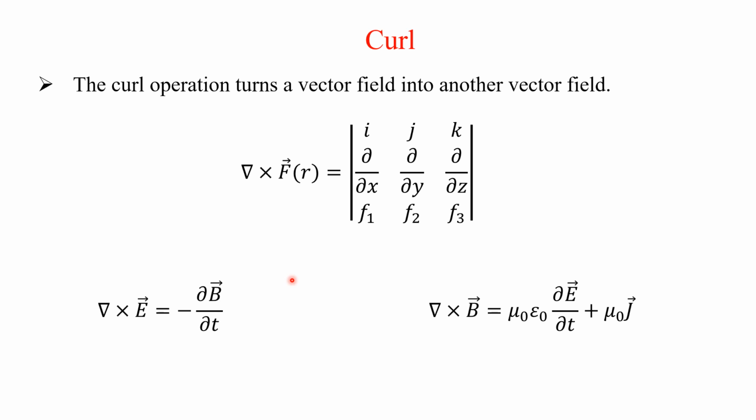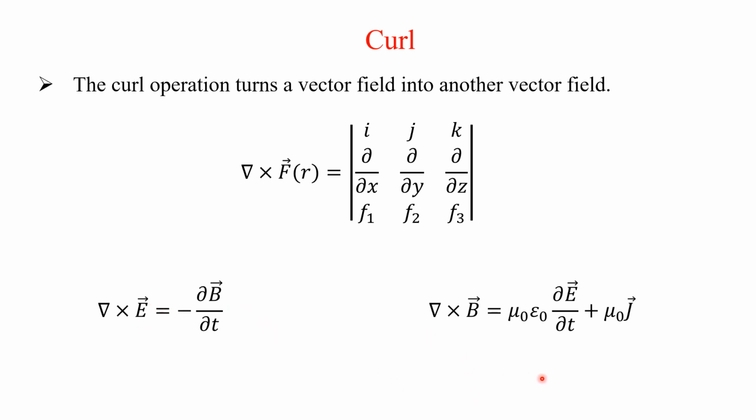The best example we can see is from the Maxwell equations themselves. This is the Maxwell third and fourth equation. Here, curl E, where E is a vector quantity, will become the negative time derivative of the magnetic field, which is also a vector quantity. That is, the curl operation turns one vector into another vector form.